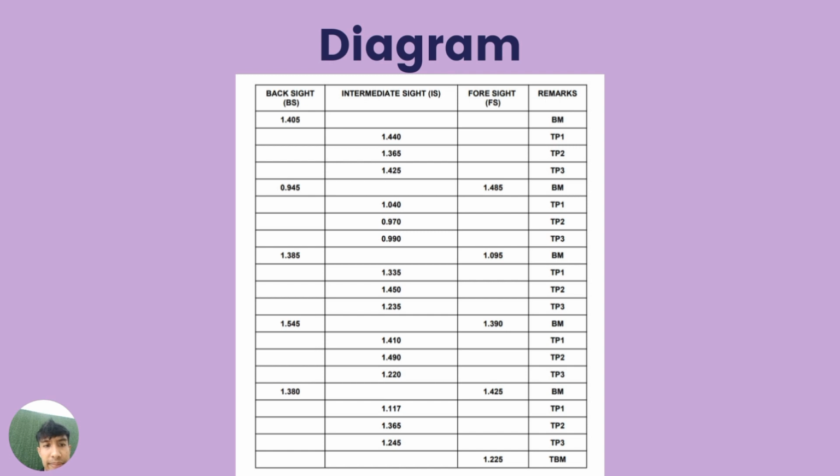Then we go to the foresight 1.805. So for the second reading, we repeat the same steps. So that's all. Thank you.